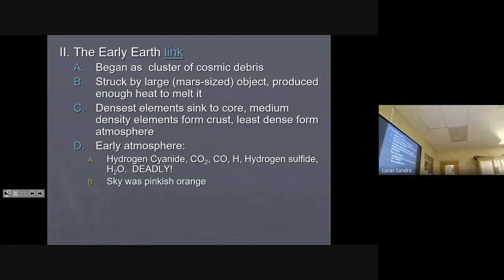That's what color it would tint with sunlight rather than blue. Beautiful. Pretty. So, a hot ball of death.